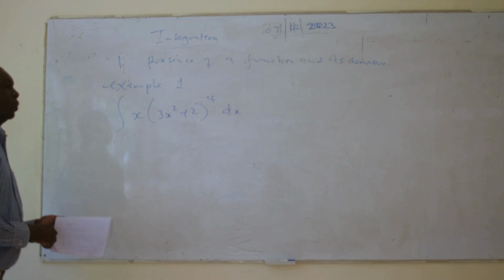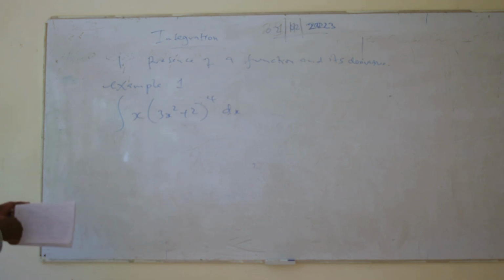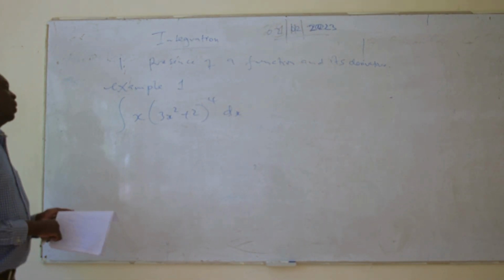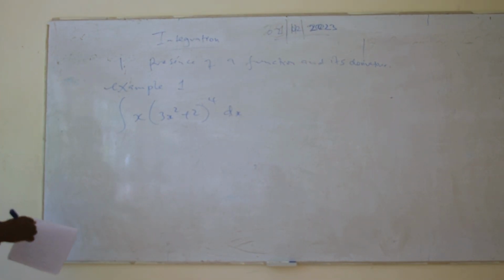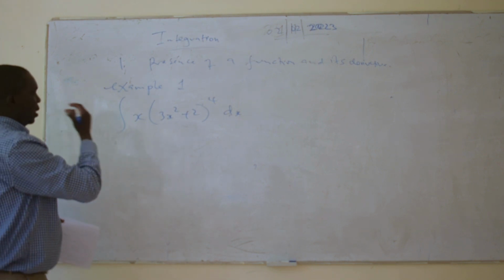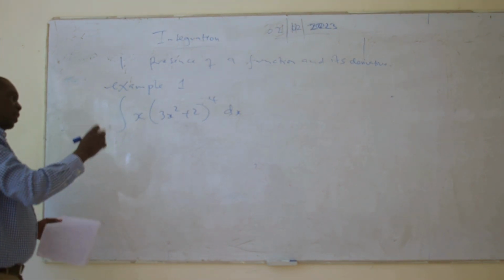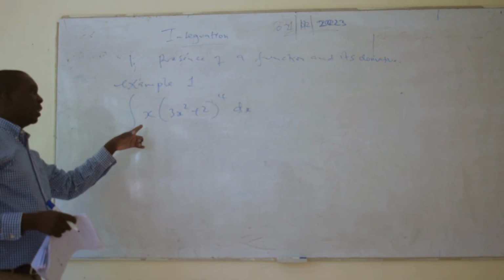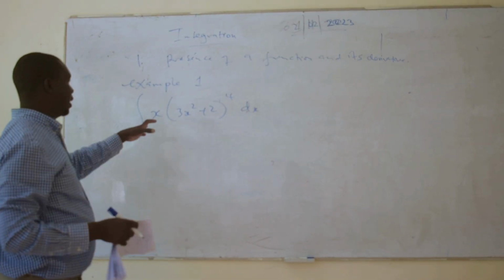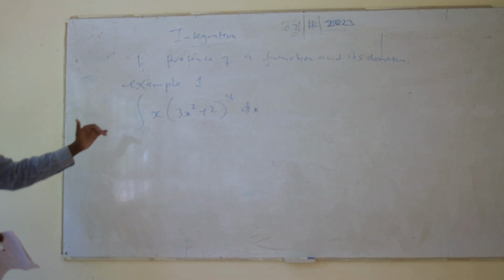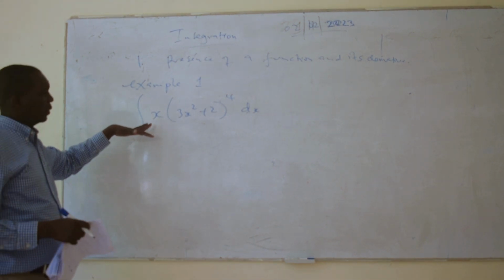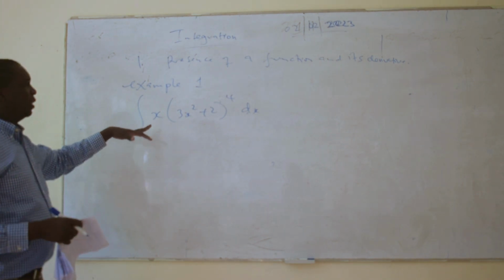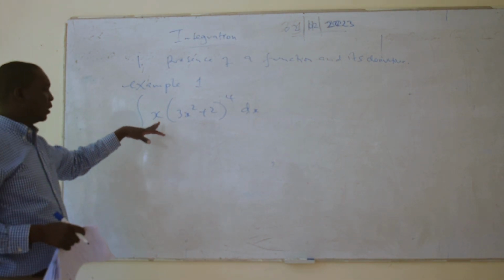If you differentiate the term in the bracket, you have 6x, and there's x also present outside the bracket. So the x outside the bracket is a constant term, and that is the presence of a function and its derivative.